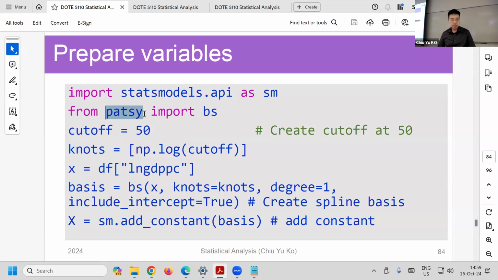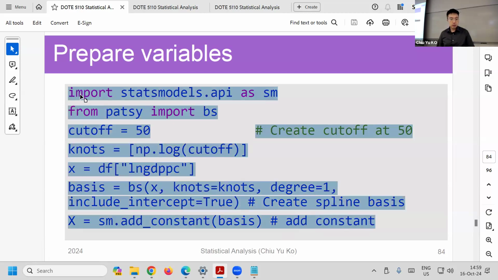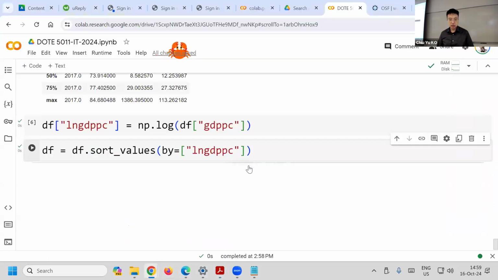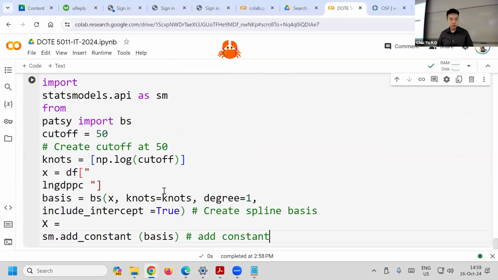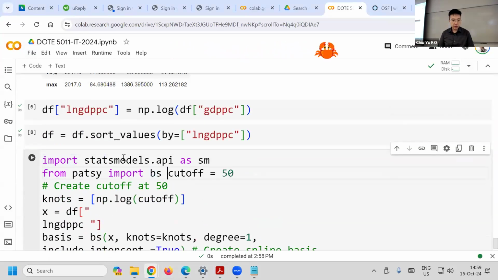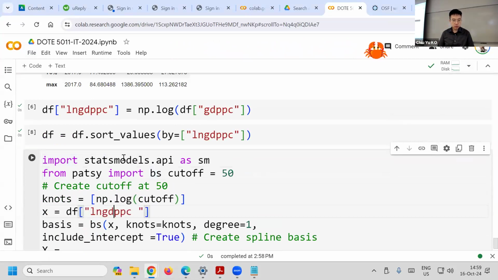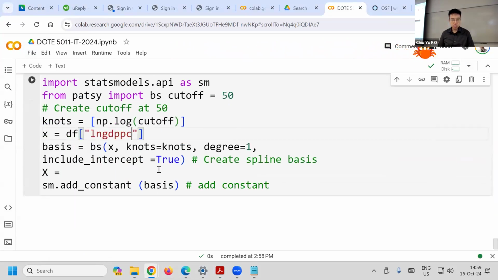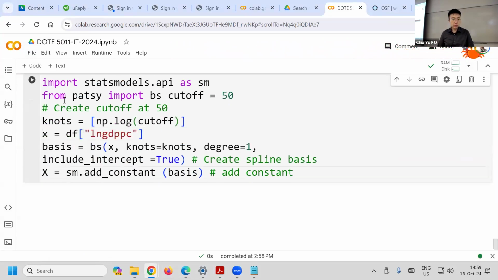And this patsy function is to create this kind of basis spline. Okay, and for some reason, I hope I can copy. Otherwise, life is terrible. It's okay, not that bad. I can still manage.